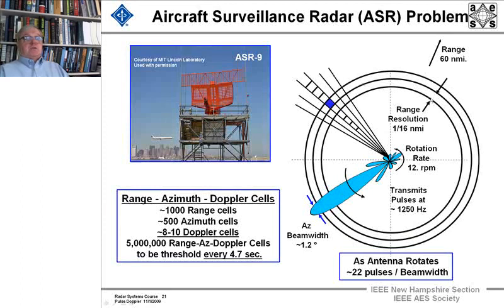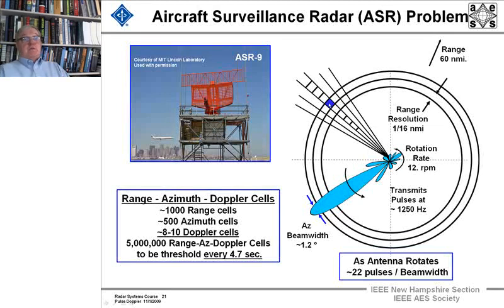And we're dealing with a 1/16 of a nautical mile range resolution, range of the radar of 60 nautical miles, and that's just one of the range azimuth cells, and within that range azimuth cell, we're going to process it through the order of 8 or 10 pulses.